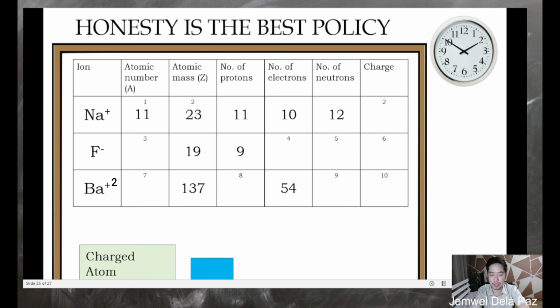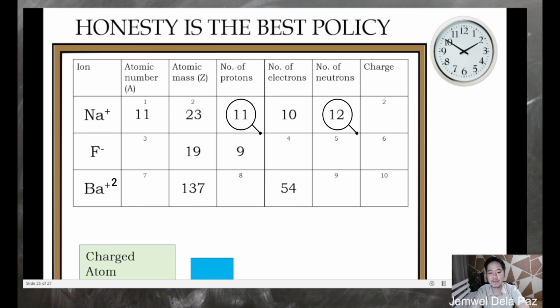How did you get 23? First, it could be searched in the periodic table of elements, or you can apply what you have learned in identifying the atomic mass of a neutral atom, and that is to add the number of protons and number of neutrons since they are both given. To determine the atomic mass, all you have to do is add the number of protons and number of neutrons.